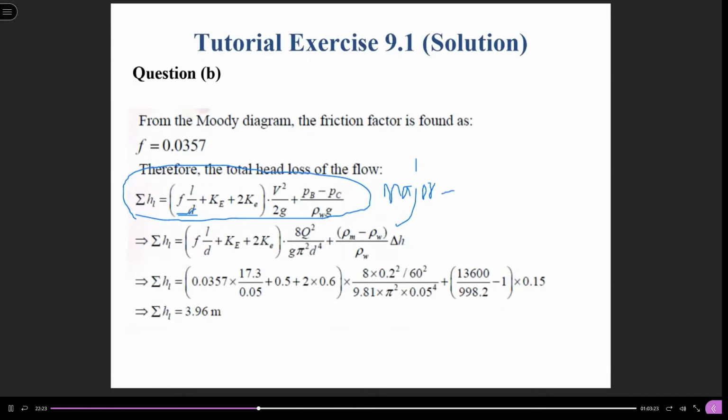Major and minor, and head loss that occurs in the valve. Which is equal to 3.96 meter.